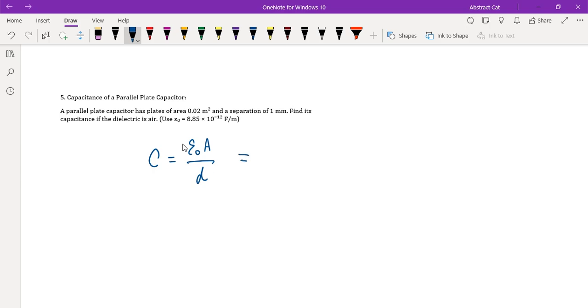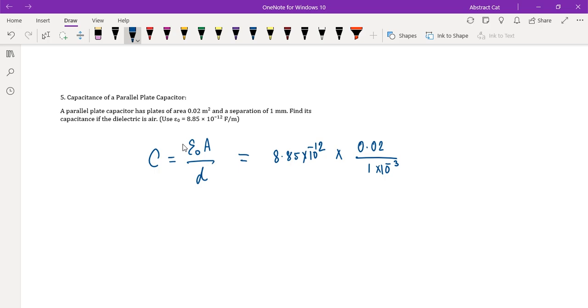So epsilon naught is given, 8.85 into 10 to the power minus 12, and the area that is given, 0.02 meter square, by d, 1 millimeter. So milli means 1 into 10 to the power minus 3 meter.